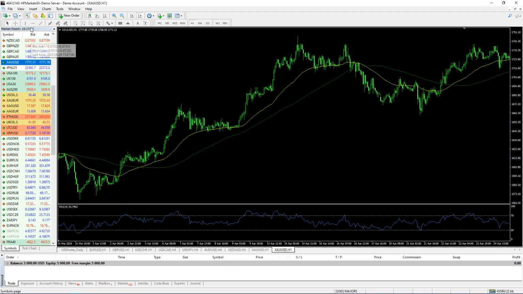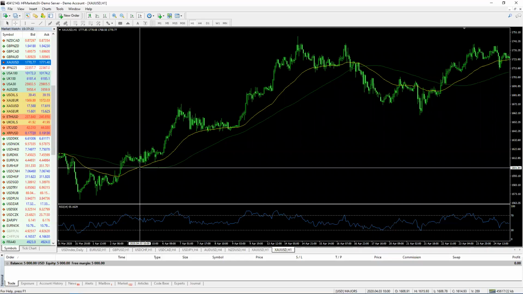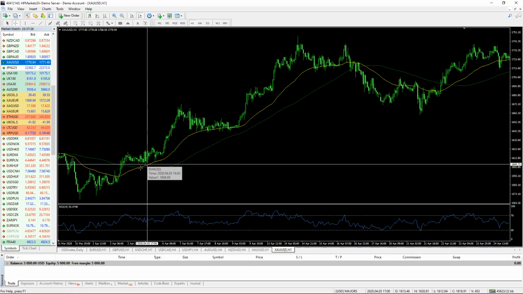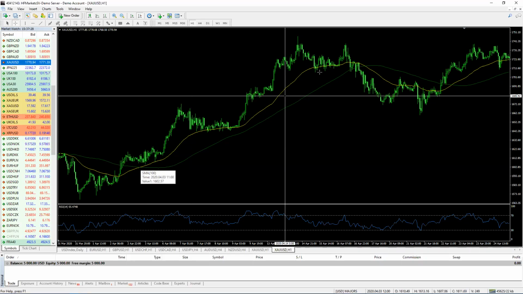Okay, so basically what we mean by moving averages is the trend indicators. They show you the direction of the market. Okay, so you can see times they cross here. Okay, so you can see from here the times the 100 SMA crossed below the 50, the market went up.